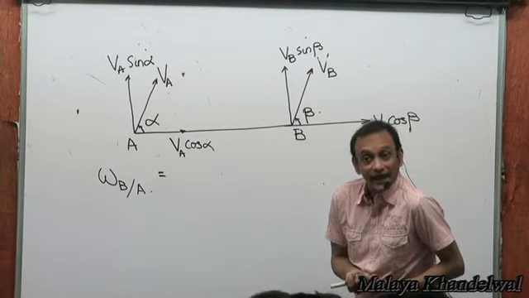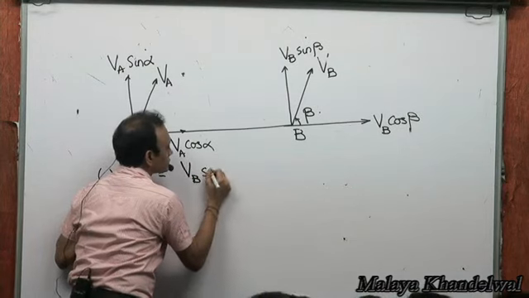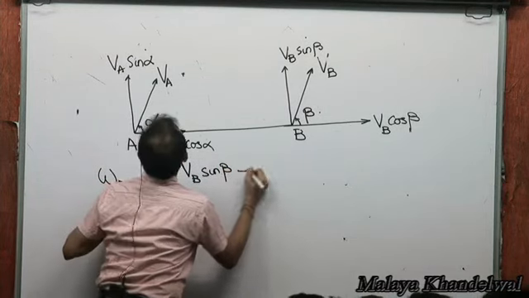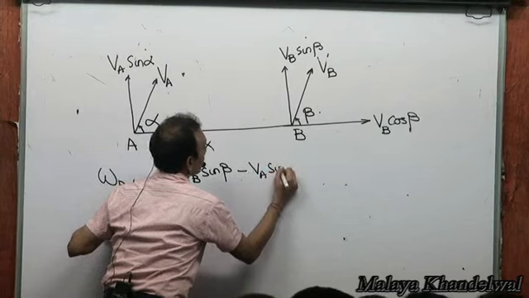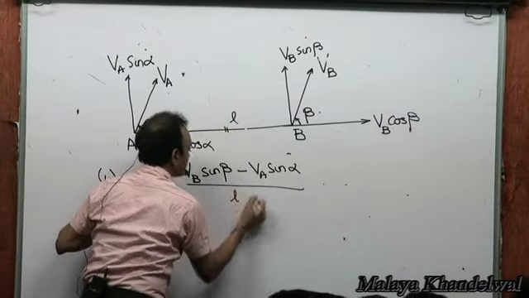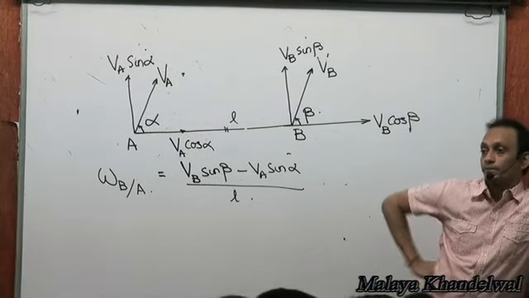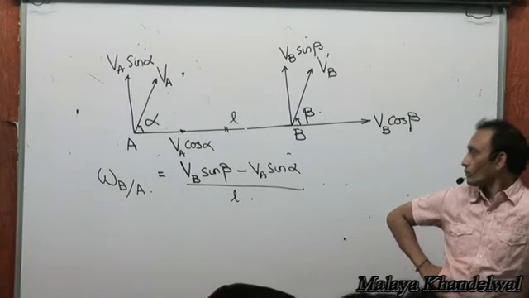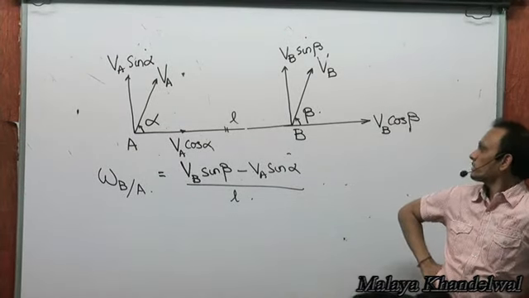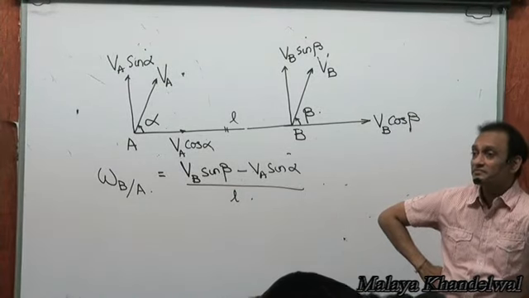joining A and B. So this is going to be VB sin beta minus VA sin alpha divided by the length LAB. That's going to be the angular velocity of B with respect to A. Does not matter if it is not greater, this will turn out to be negative.